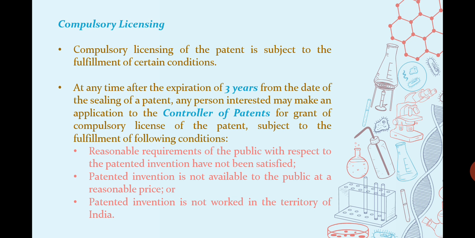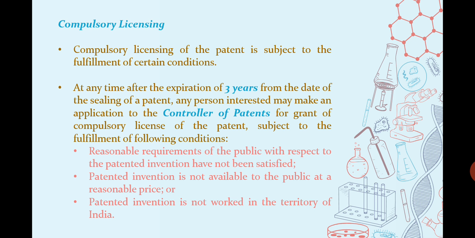Now, if that pharmaceutical company, after receiving the patent for the vaccination against coronavirus, does not start manufacturing it or making it available to the public, the government has got a right for obtaining compulsory license, because, like we said, the balance between the society and the patent holder must be maintained.